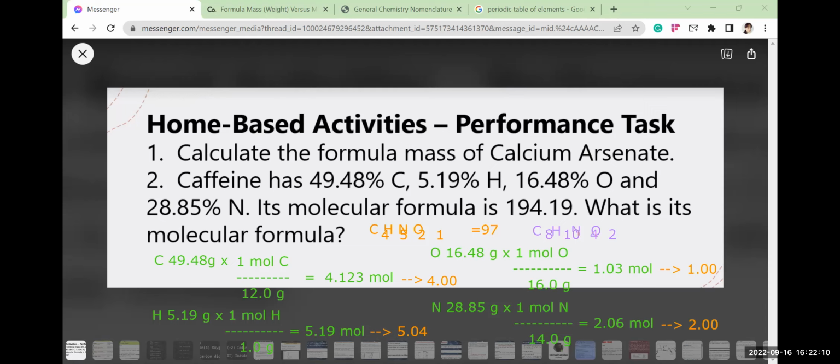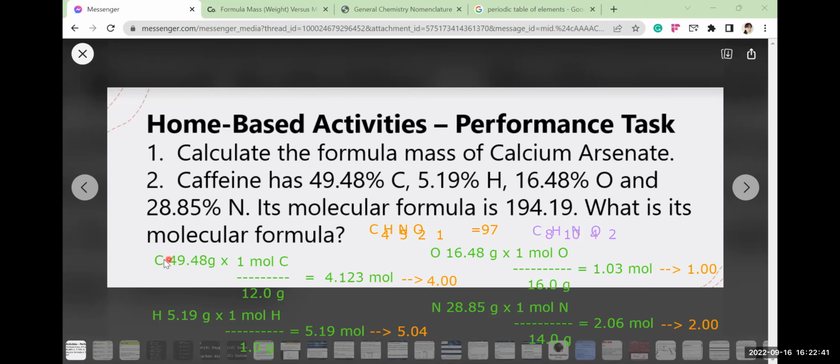Then multiply by 2. Again. So, una, yung mga percentage, inassume mo siya as grams. Tapos, you divide it by the molar mass to get the number of moles. Okay. After you get the number of moles, what do you do?